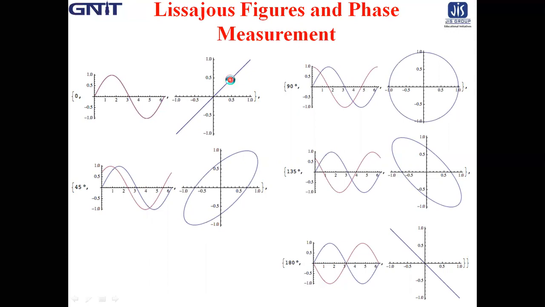Now, if they are at 45 degrees and Vx is not equal to Vy, then it is in the form of an ellipse.